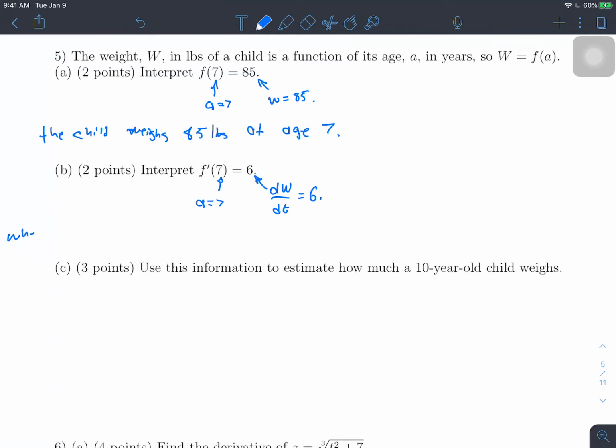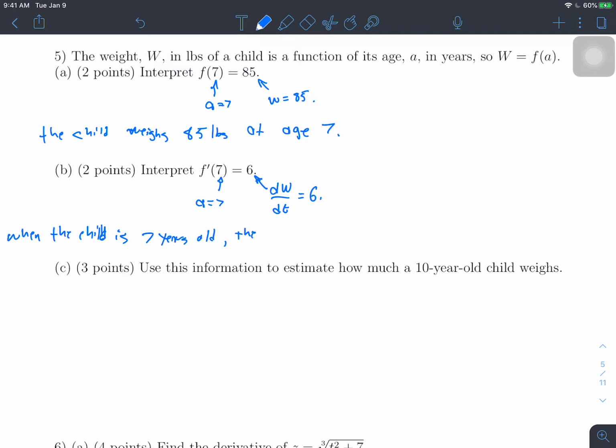So when the child is 7 years old, their weight is, and here I can put something like increasing at a certain rate or decreasing at a certain rate.